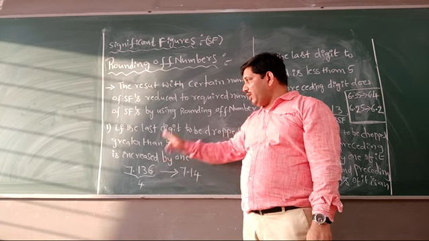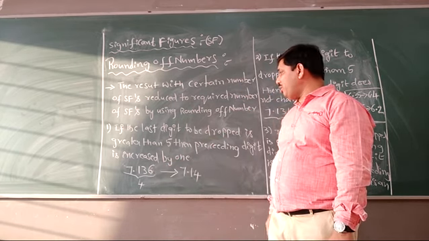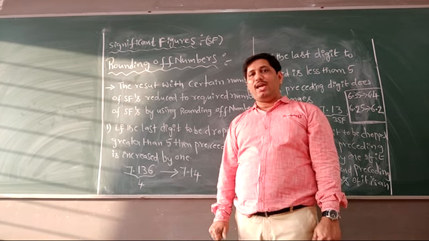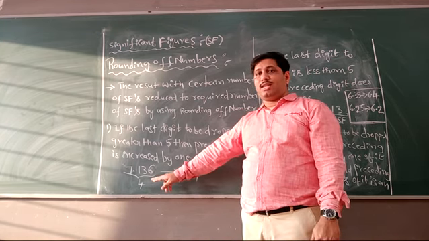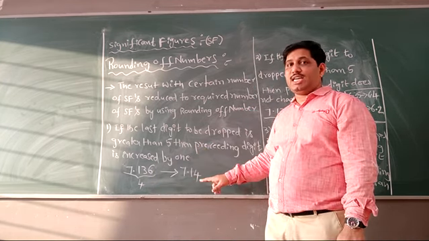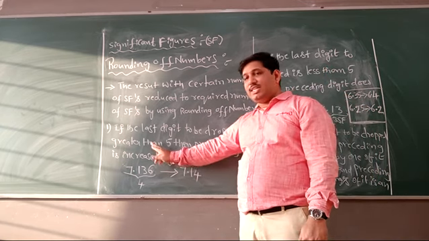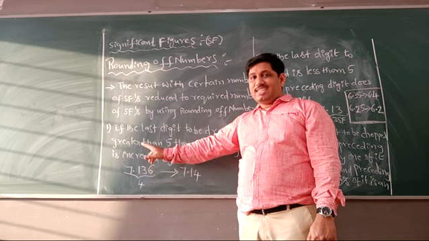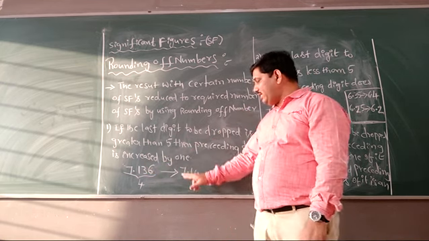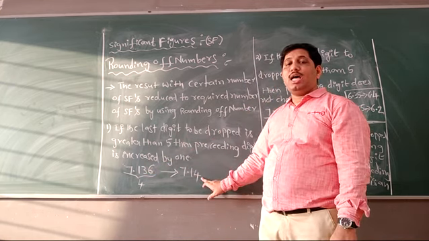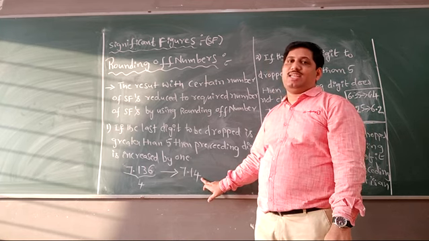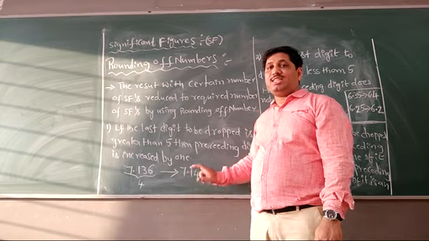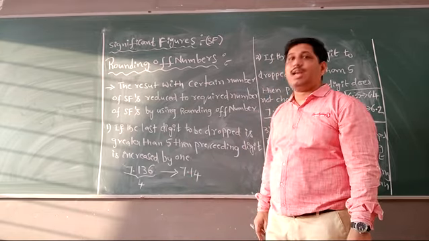Why? Because according to the concept, if the last digit to be dropped is greater than 5, then the preceding digit is increased by 1. Hence 7.14 is the rounding of 7.136. Here 4 SFs are present, here only 3 significant figures are present.